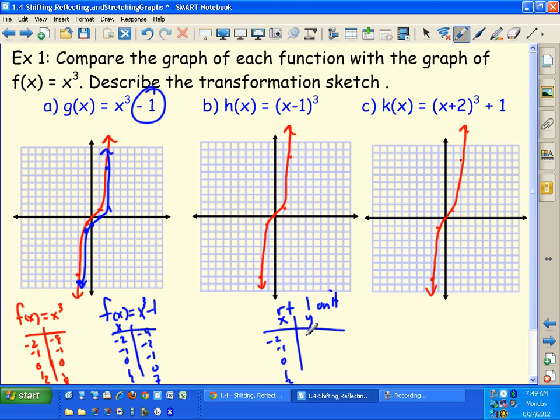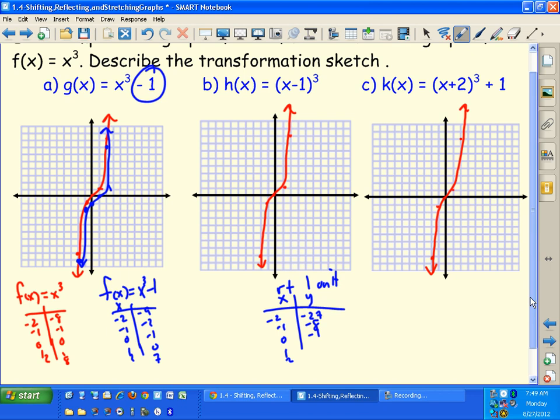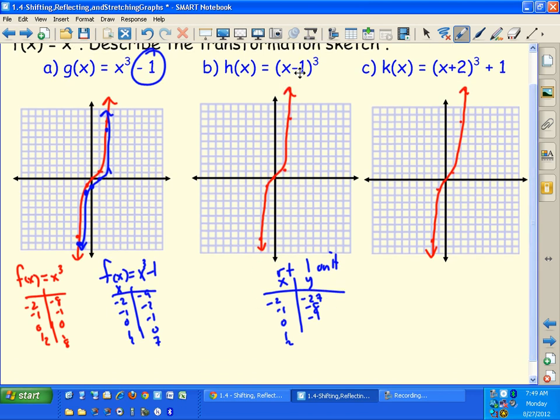Negative 1 turns into negative 2, which is negative 8. 0 turns into negative 1, which is negative 1. And then 1 will turn into 0, so I get 0. 2 will turn into 1, and 3 will turn into positive 8. So I'm basically going to ignore negative 2 and negative 27 because I can't fit that on my graph.